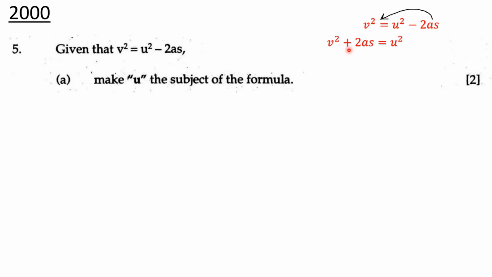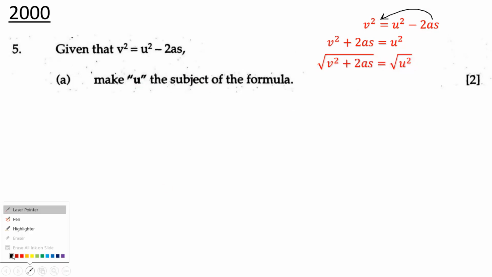And then we're going to divide. Notice that we want to make U the subject, right? Currently, U squared is the subject, but we don't want U squared. We want just U. So we're going to take the square root of both sides, that way we can eliminate the squared.